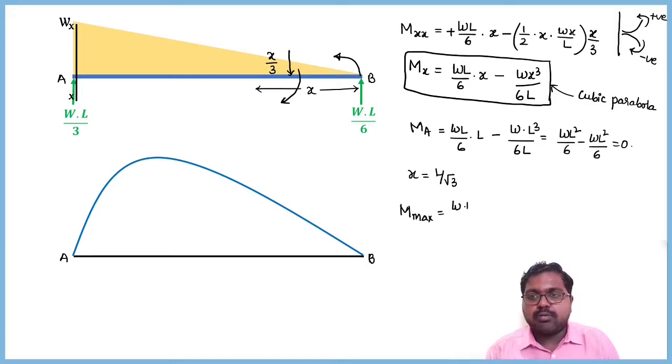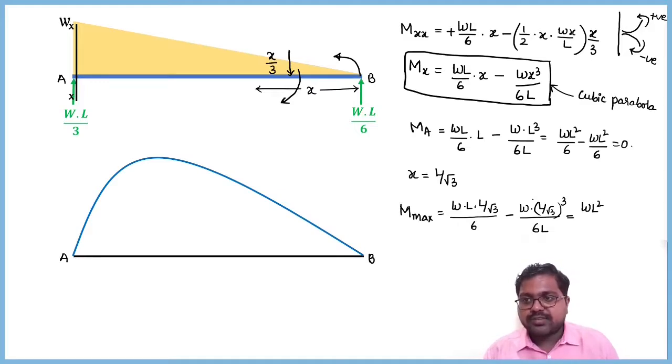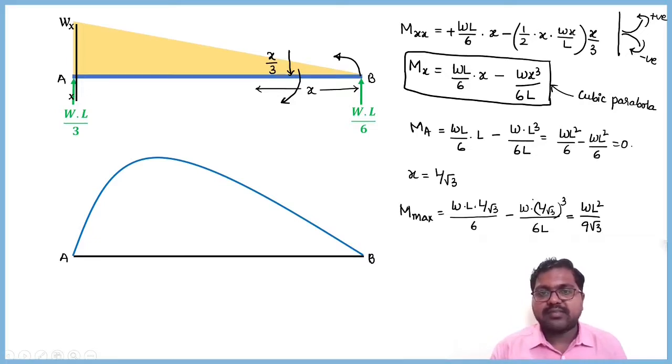So W into L into L by root 3 by 6 minus W into L by root 3 whole cube by 6L. After simplification we will get WL square by 9 root 3. So this is the value of the maximum bending moment at this point.